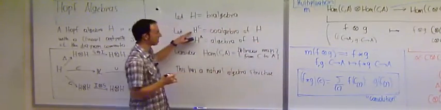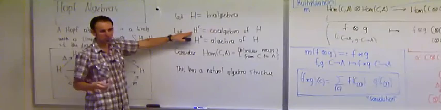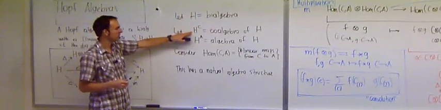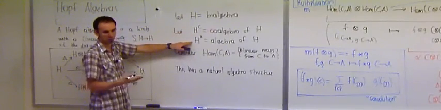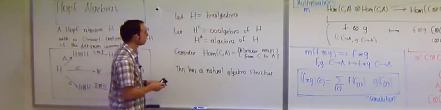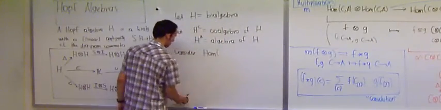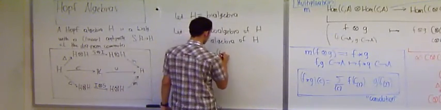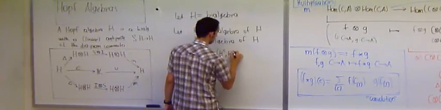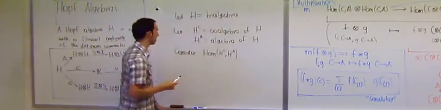So here, forget that you can multiply and have a unit, and here, forget that you can co-multiply and have a counit. And let's consider Hom of H_C, H_A. Okay?